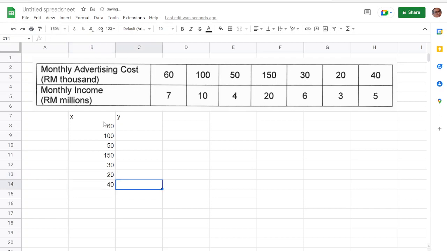And then for the Y, you have 5, 3, 6, 20, 4, 10, 7. Okay, so this is the data that you have.